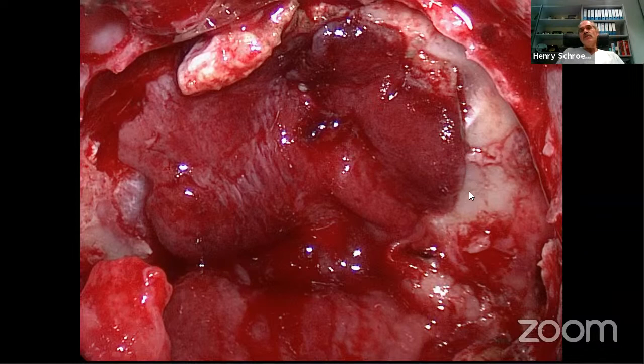And it's very important that you drill all the bony septa at the sphenoid sinus, so you have a plain area where the flap is sitting on. The next thing is you have to remove all of the mucosa to have a good healing of the flap. And what I do not understand, what some people advocate, is that they put some artificial material between the flap and the bone.